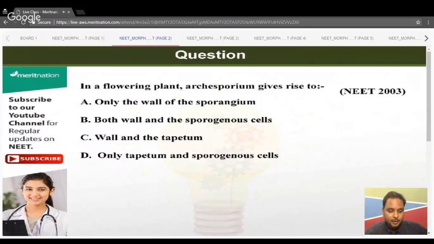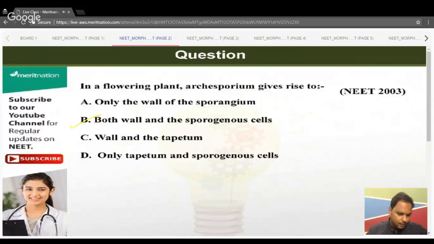In a flowering plant, archesporium gives rise to only the wall of the sporangium, both wall and the sporogenous cells, wall and the tapetum, or only tapetum and sporogenous cells. For those who have studied reproduction, it's just a bonus question, because you can understand this question both from reproduction in flowering plants as well as from morphology. So it's interconnected. Those who are saying both wall and sporogenous cells are absolutely correct.